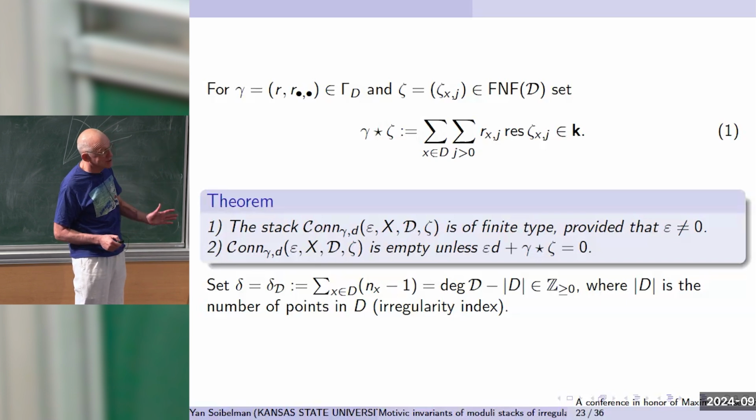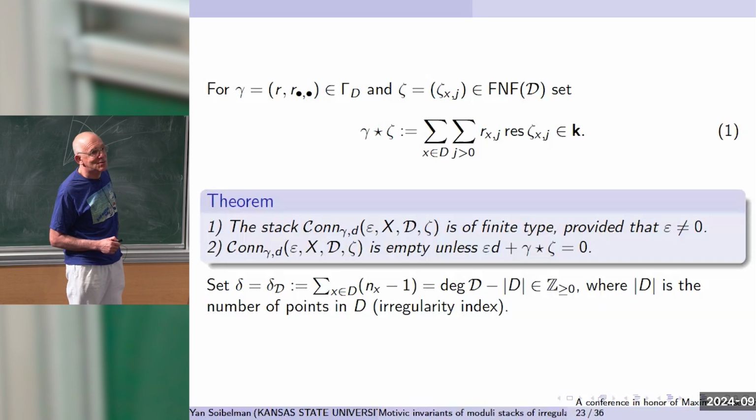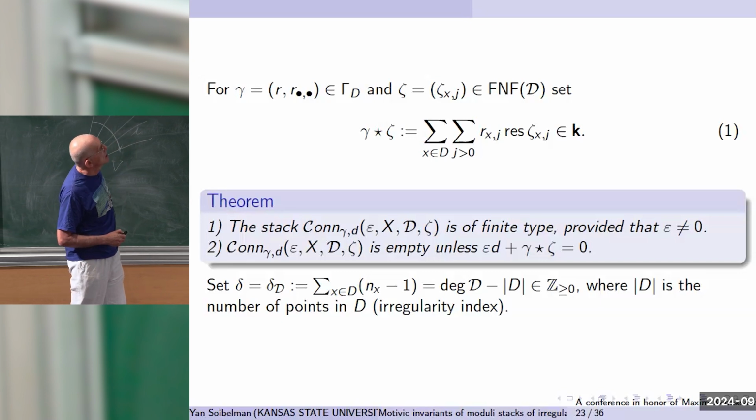You consider just diagonal matrices, like connections with connection matrices which are diagonal, and these are negative Laurent polynomials on the diagonal. So then this is basically sort of a residue of the trace. That's a product. Now, the result: first, these stacks, as I said, are of finite type.